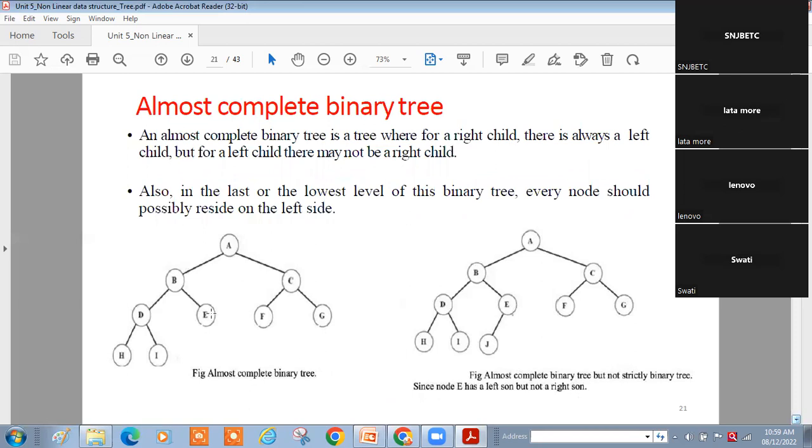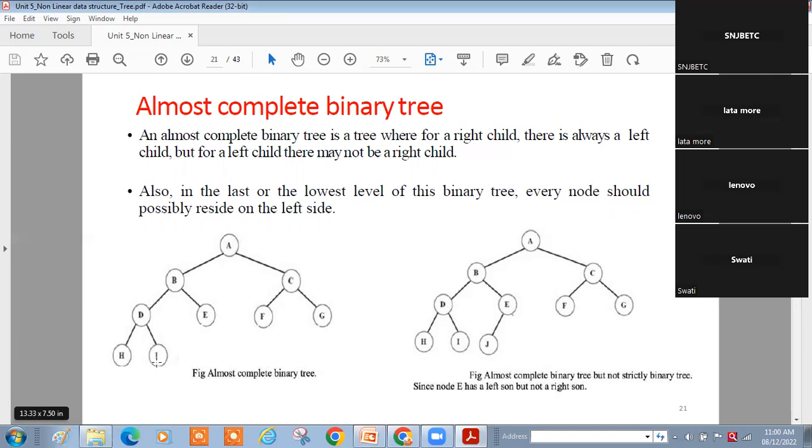So in the almost complete binary tree, here is your tree. This has 2 nodes, again 2 nodes, and this has 2 nodes. See, students, what difference can you see over here? Initially, for full, I am saying it has 0 or 2. For the second, I am saying all must be at the same level. But the third is almost complete binary tree or nearly complete binary tree.